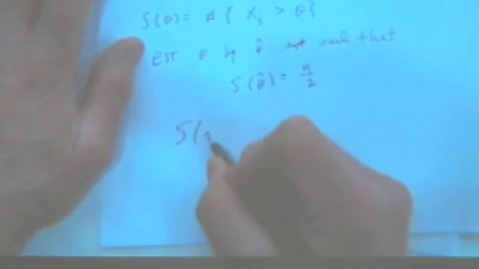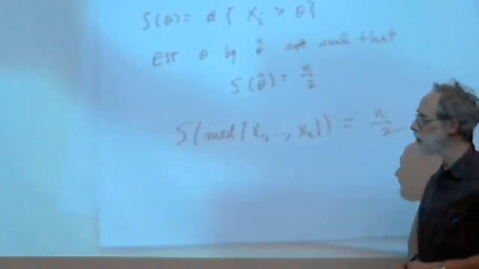Too bad. It's the sample median. If I stick in the sample median, that's always true, because half the observations are above the median and half are below. So the median actually solves that equation.